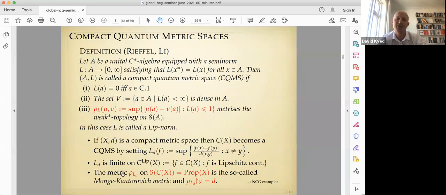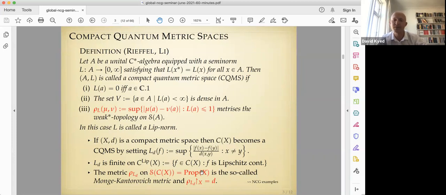The third item here is less trivial, and it is a theorem by Rubinstein and Kantorovich that the metric that you get here actually metrizes the weak star topology. And it is a very classical result. This is not how they proved it. They looked instead at probability measures, Radon probability measures on X, which is, of course, the same thing as the state space. And what they proved was that this quantity basically metrizes the so-called Monge-Kantorovich or Wasserstein metric on the probability measures.